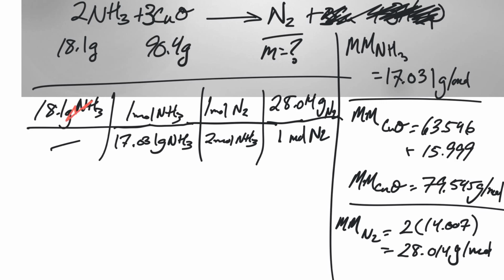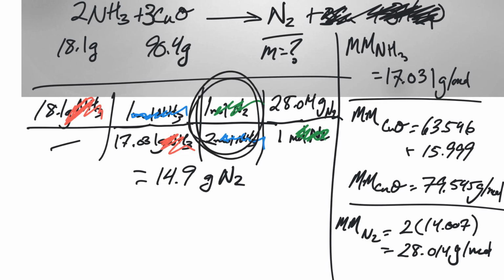All right, so grams of ammonia cancel out, moles of ammonia cancel out, and moles of nitrogen cancel out, and we get 14.9 grams of nitrogen. Now, it should be 3 significant figures because the conversion factor is always infinity, and then we've got 3, 3, and 5 for the significant figures.